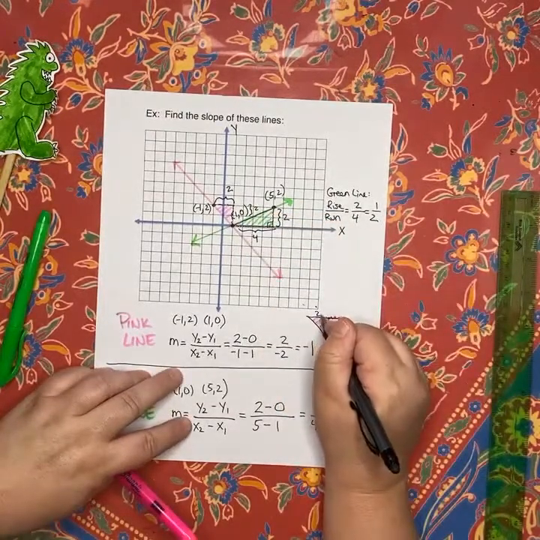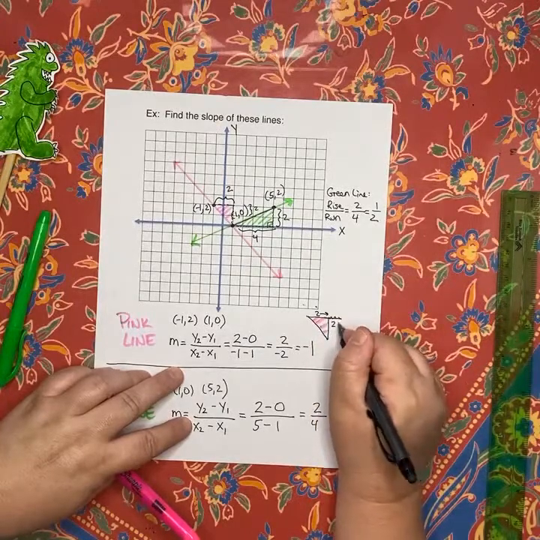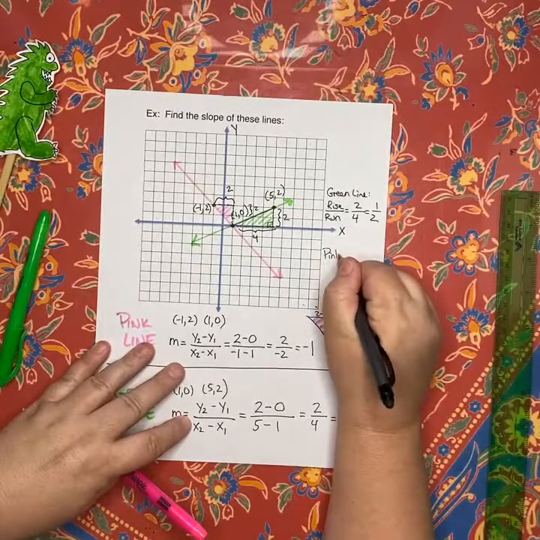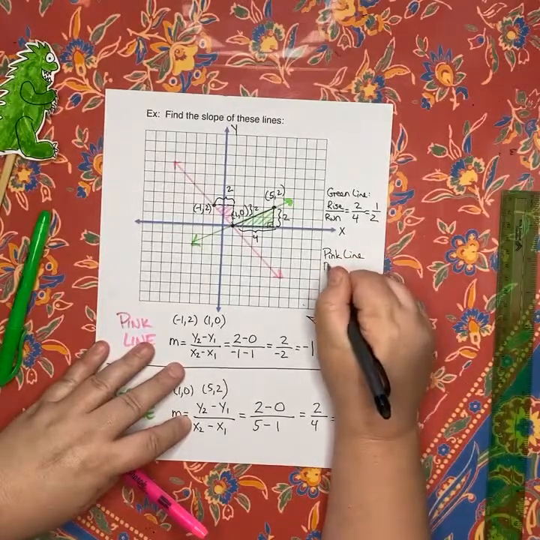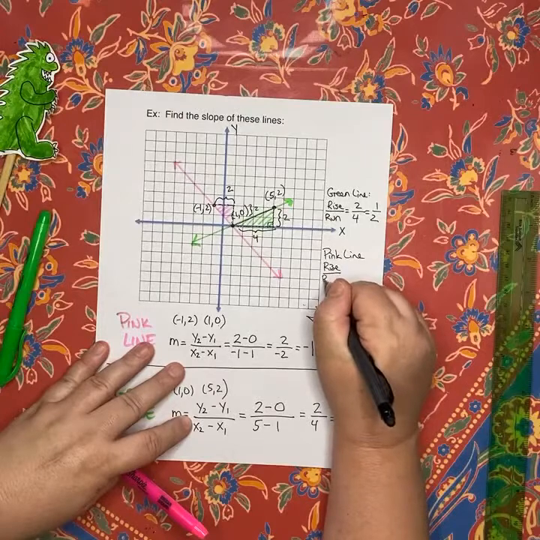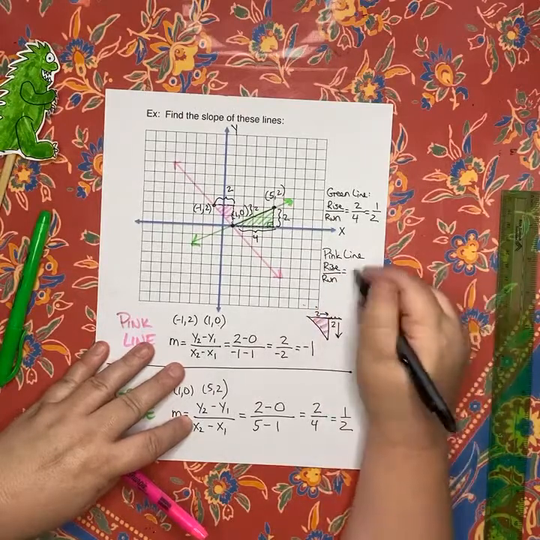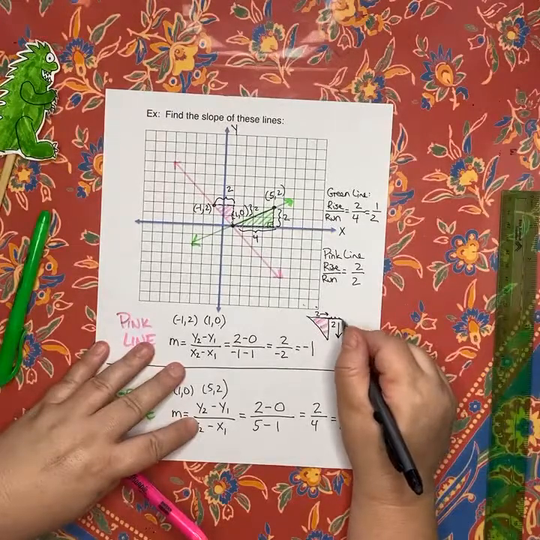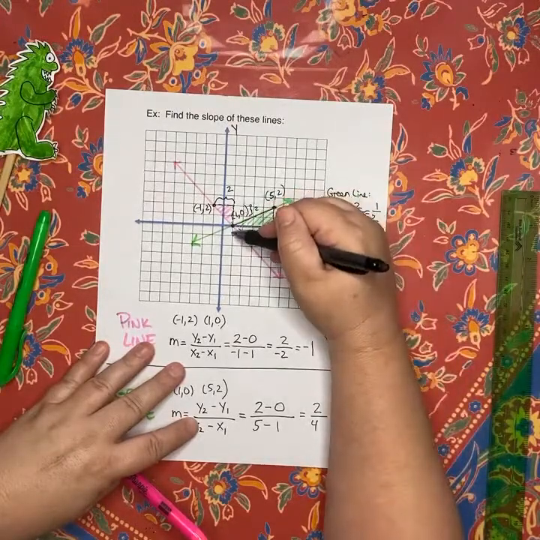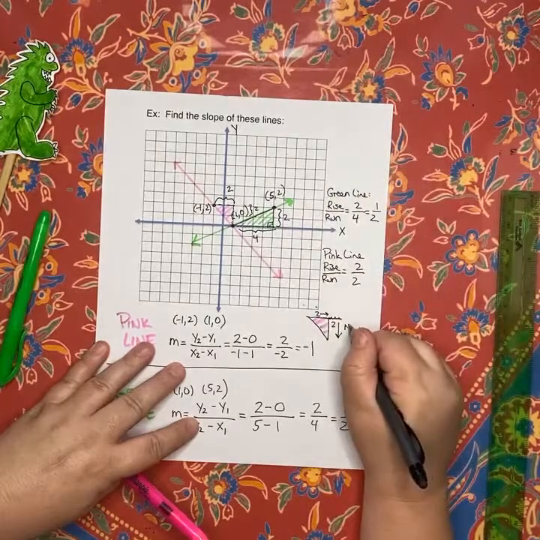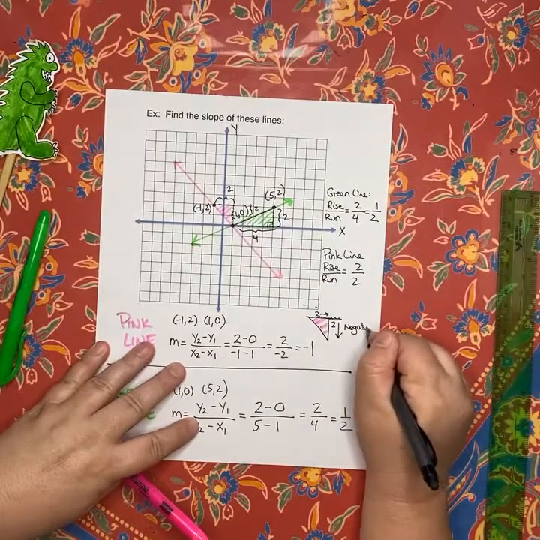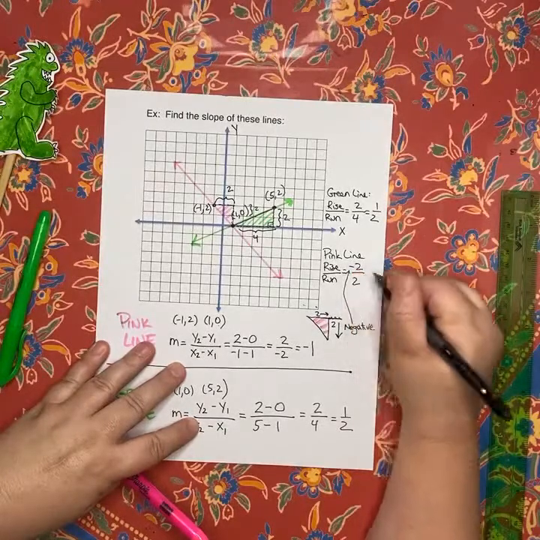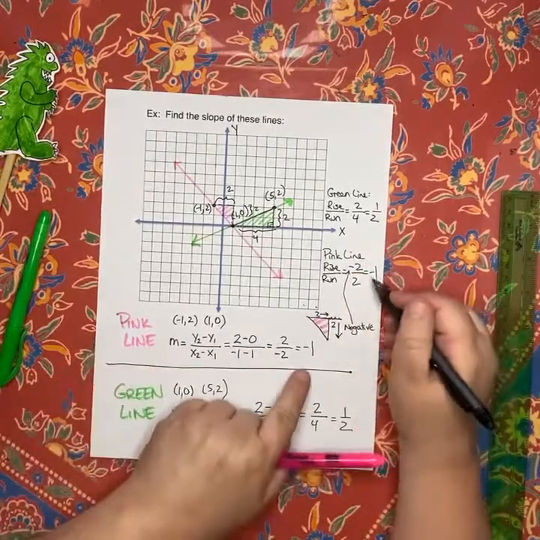So this is 2 going this way, and then it's 2 going down. So for the pink line, the rise over the run is basically 2 over 2, except we went down instead of up, so that's negative. So we have to consider it a negative slope, just -1, which is what we got here.